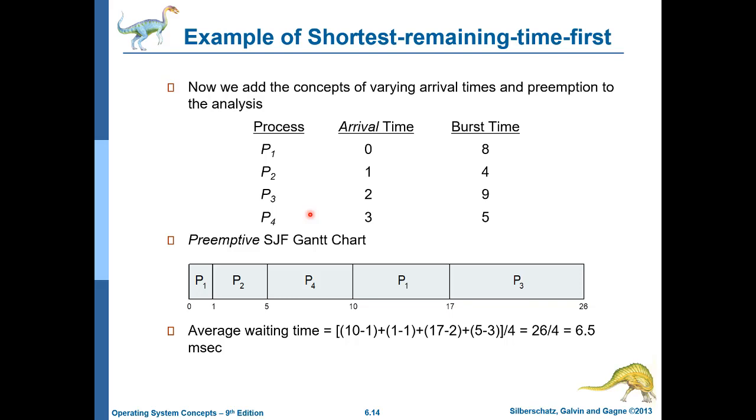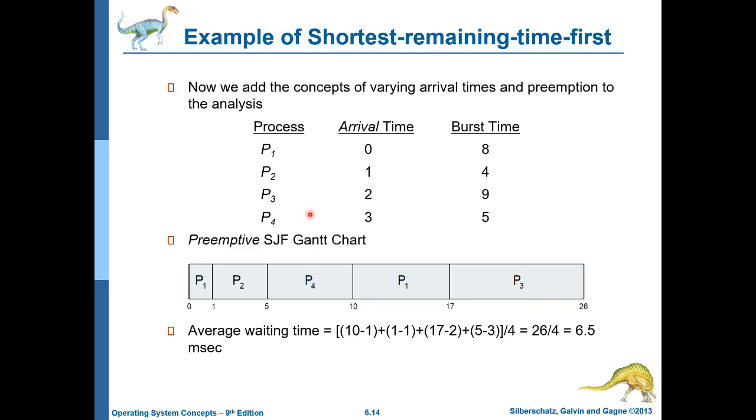So we run this algorithm as follows: we start with the very first process which is available, or if there are many processes available in the beginning, then we choose the one which has the shortest time. Here only one process, P1, is available at time 0, which has a burst time of 8.